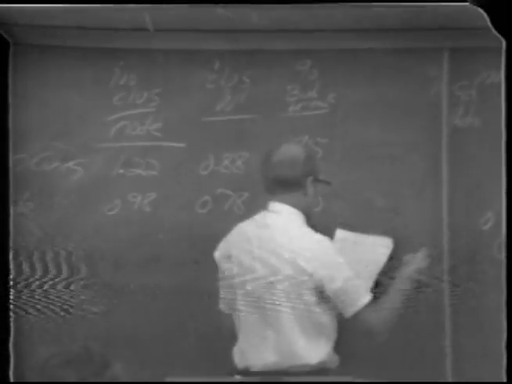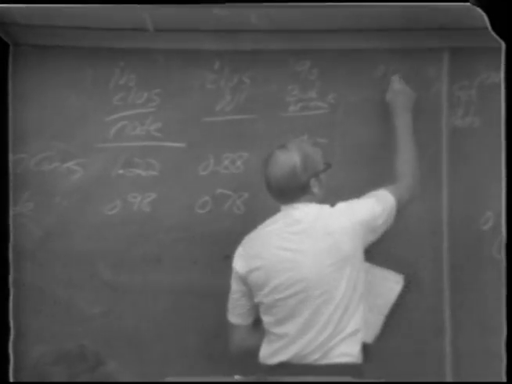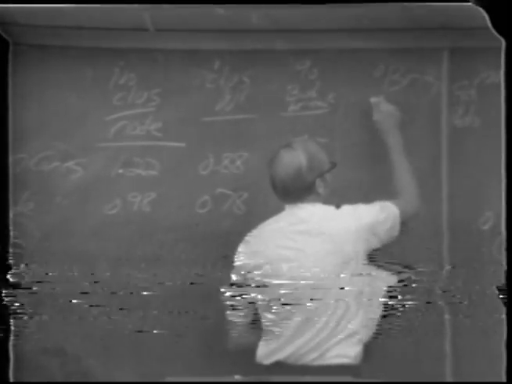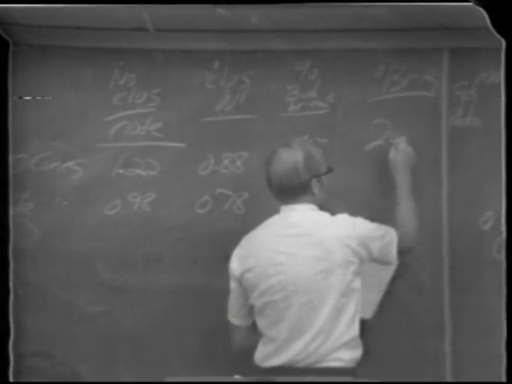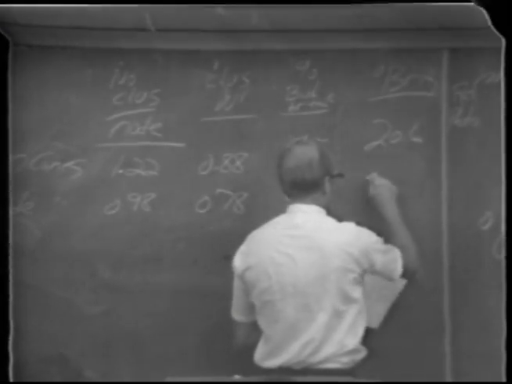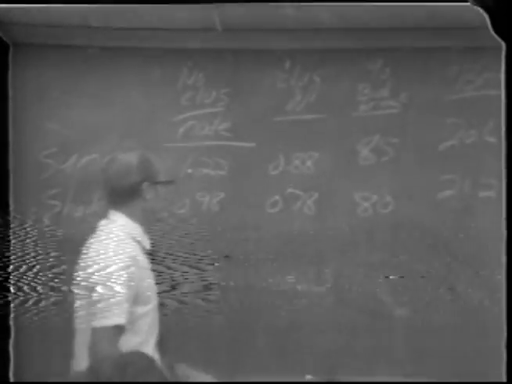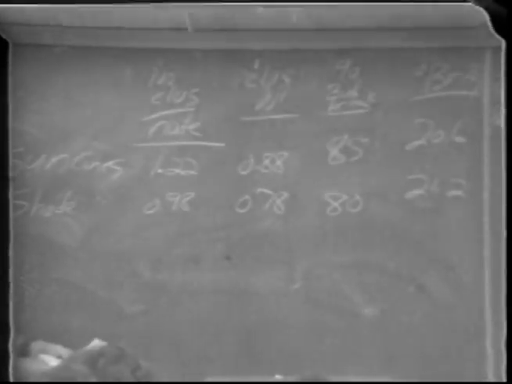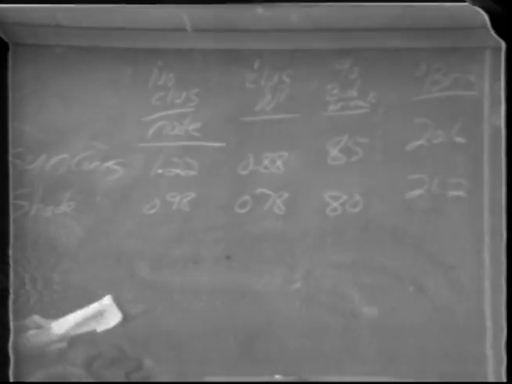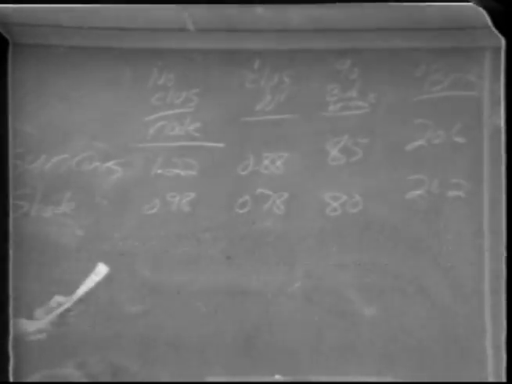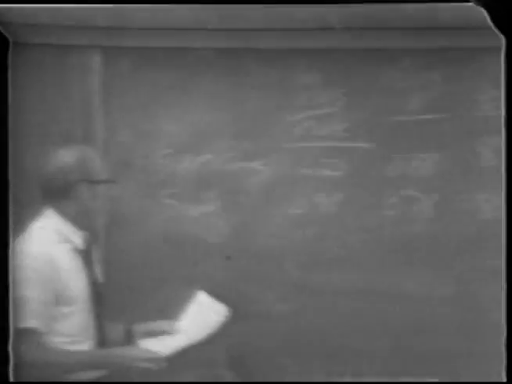And degrees Brix was 20.6 and 21.2. So not a very big difference there, but there was a very marked difference here in the number of clusters per node. Now we also did this for Gamay Beaujolais at Oakville.